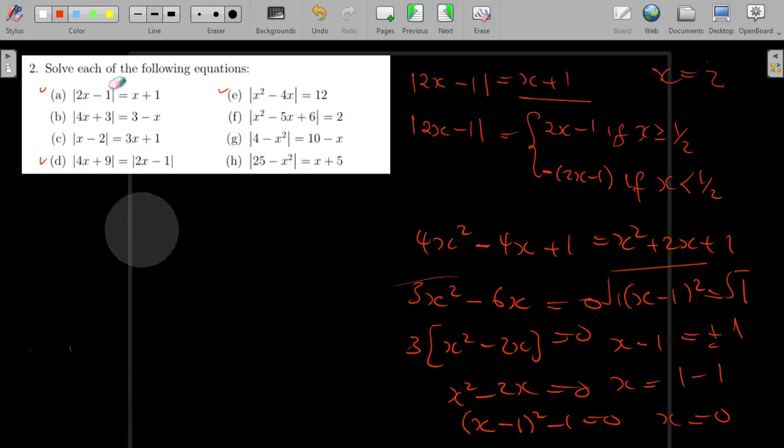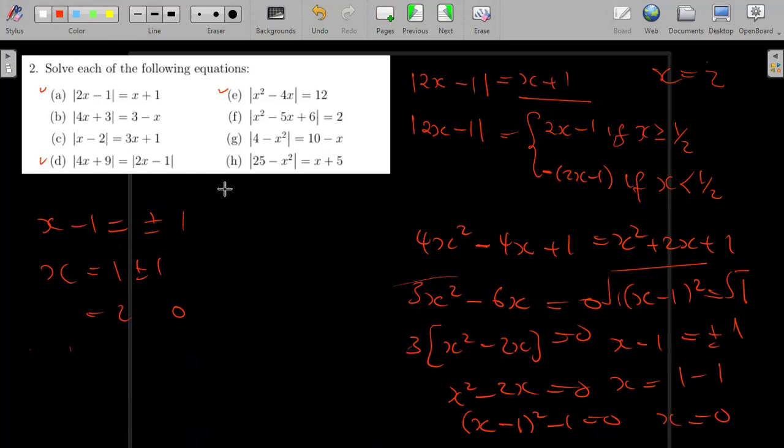So after we obtain our value, we said x minus 1 equals the root of 1, which is plus minus 1, and you get x to be equal to 1 plus minus 1. So when you add, you get 2, and when you subtract, you get 0.